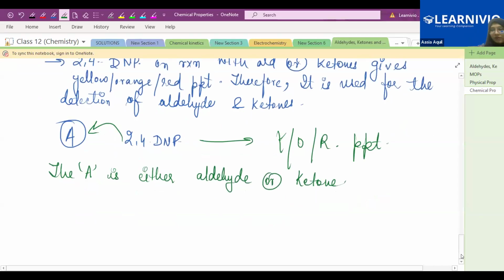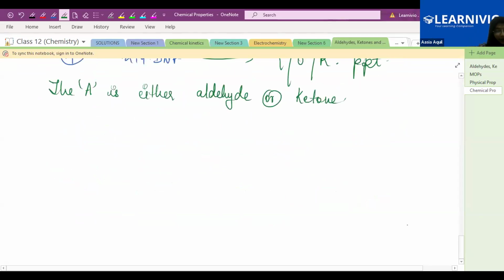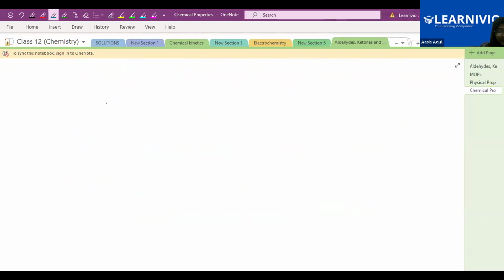Okay, one more thing. See the structure of semicarbazide. Semicarbazide is NH2, NH, CO and NH2.